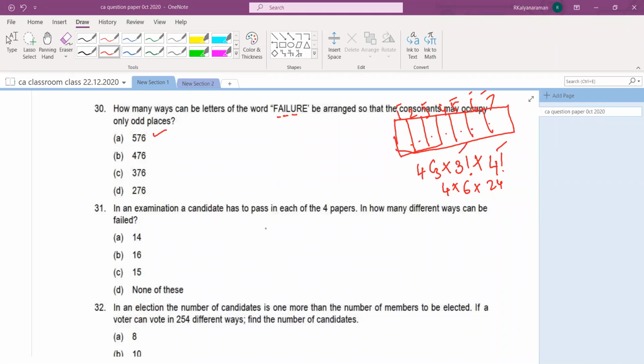In an examination, a candidate has to pass in each of the 4 papers. In how many ways can he fail?